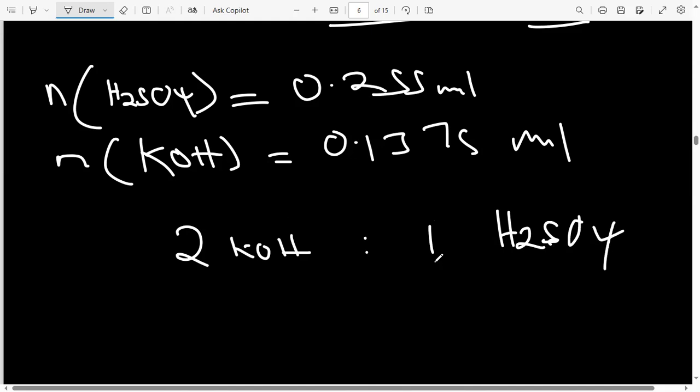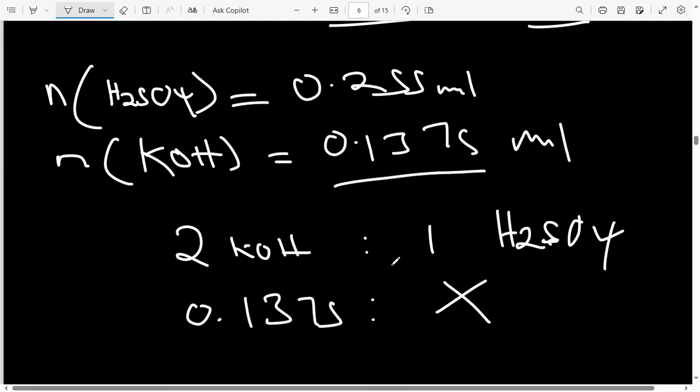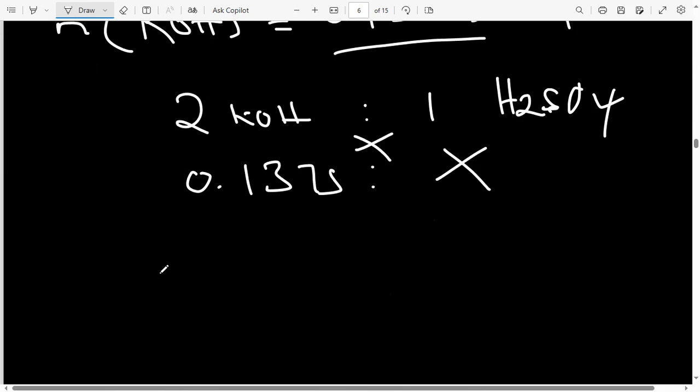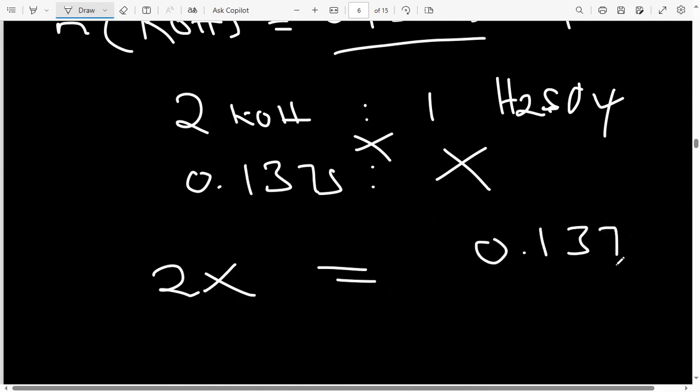Okay, so what about if I have these moles here? So it will be 0.1375, and then I put X multiplied by, okay, so this will be 2X multiplied by 0.1375.